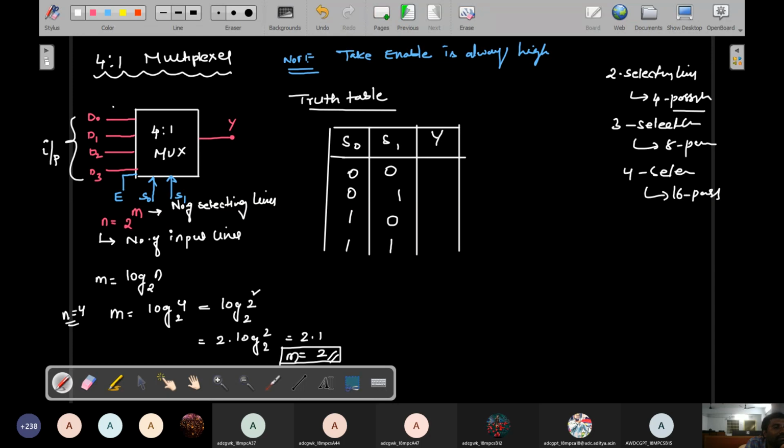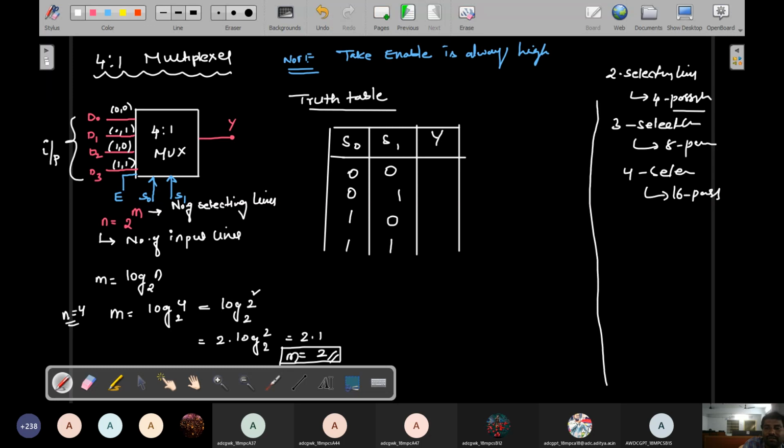This represents the 0, 0 terminal for input, this is the 0, 1 terminal, this is the 1, 0 terminal, and this is the 1, 1 terminal. If both selecting lines are 0, 0, your output is directly connected with the 0, 0 input.